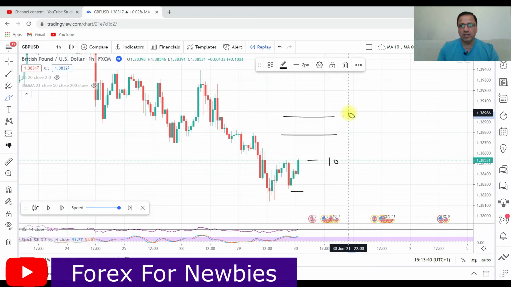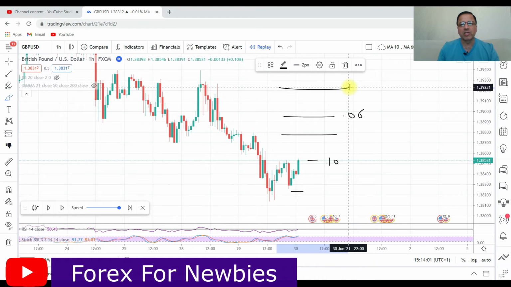0.06, that's my second trade lot size, and this is the TP for that, whatever RR it is, 1-to-2 or 1-to-1.5. And then I will open another trade with 0.04 lot size, and that's the next level that the market created.